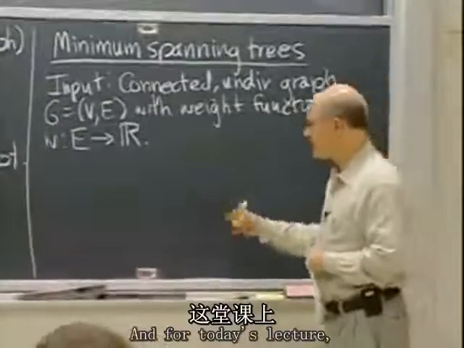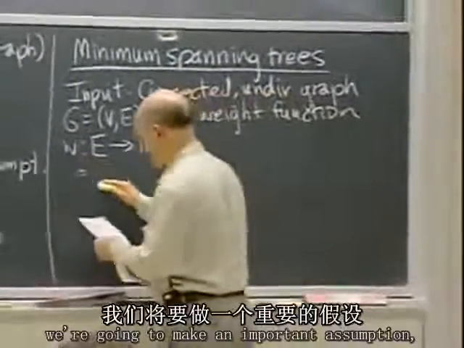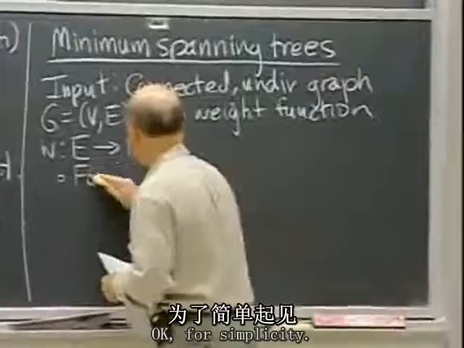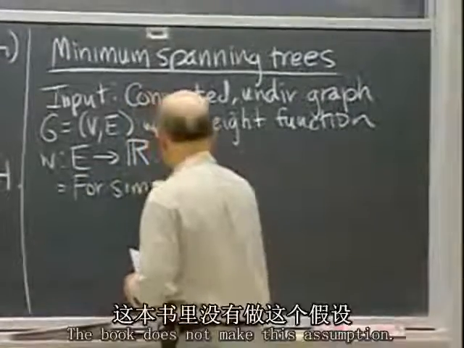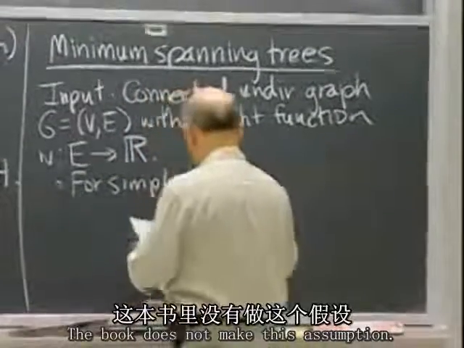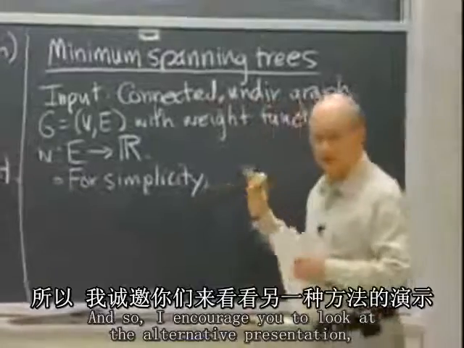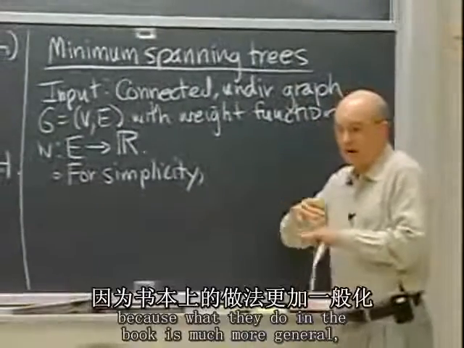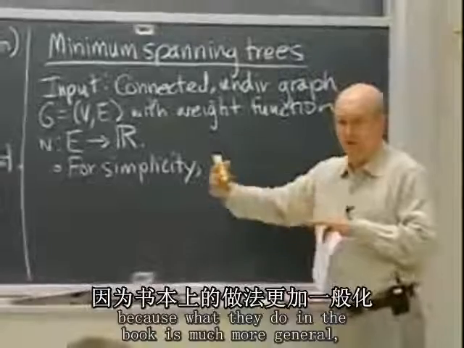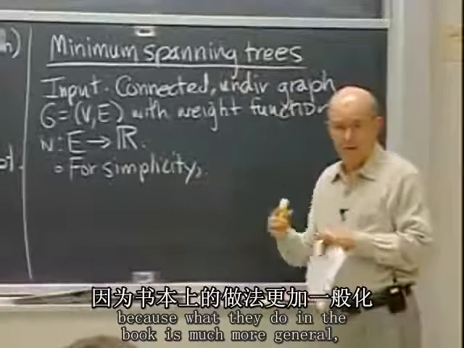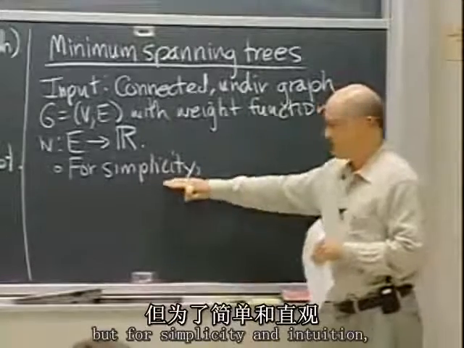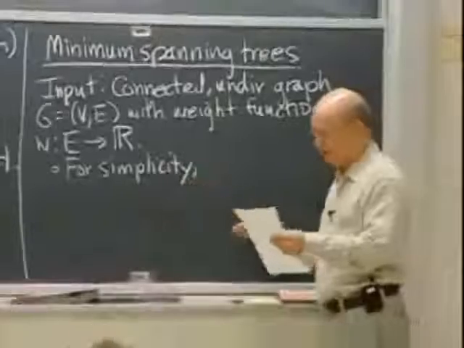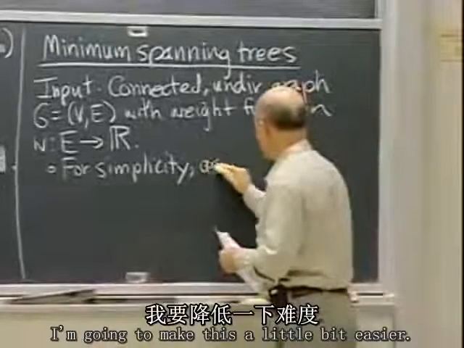And for today's lecture, we're going to make an important assumption, for simplicity. The book does not make this assumption, so I encourage you to look at the alternative presentation there, because what they do in the book is much more general. But for simplicity and intuition, I'm going to make this a little bit easier.